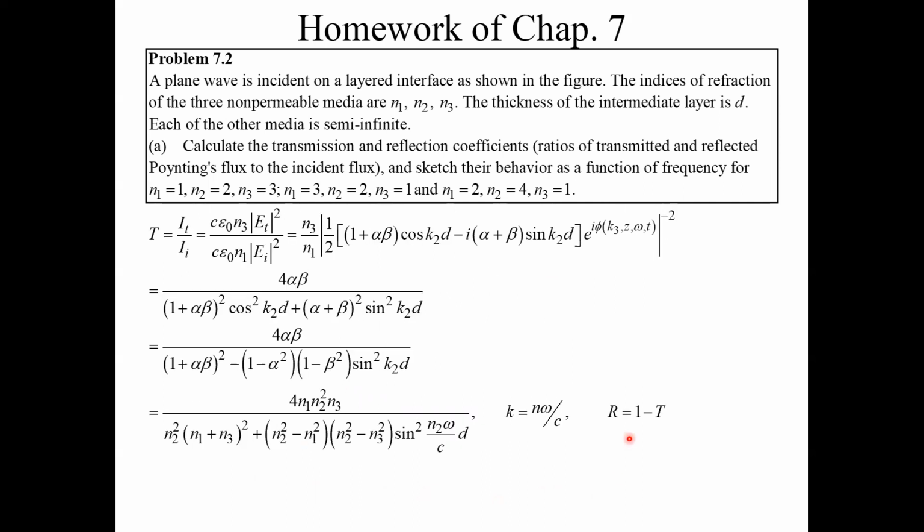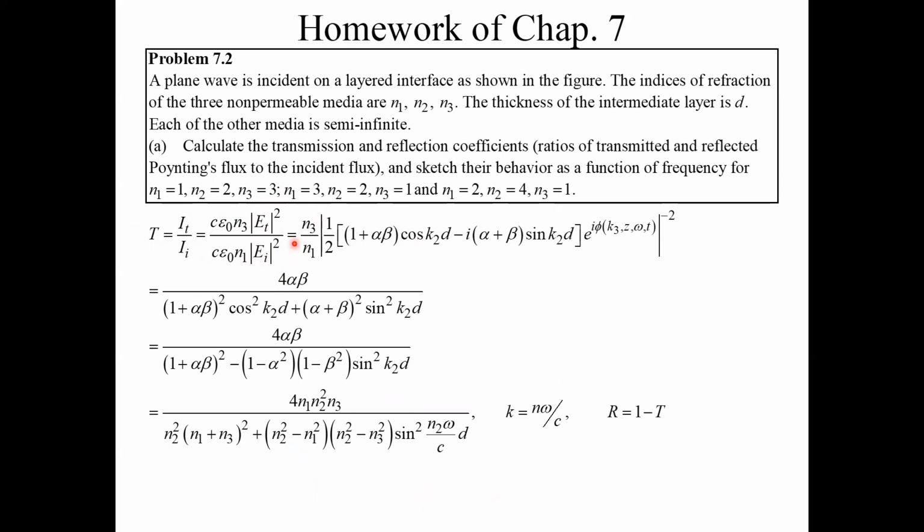And next, we calculate our transmission coefficient. It will be equal to this one. So this term we have calculated in this page, and here we just need to calculate the value here.